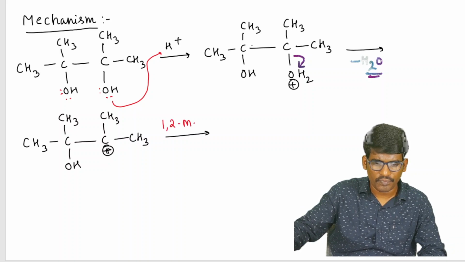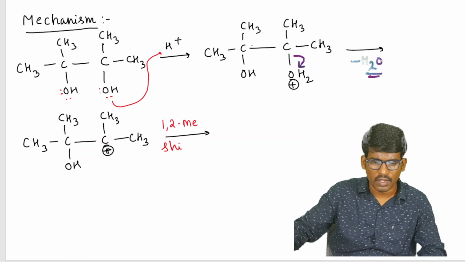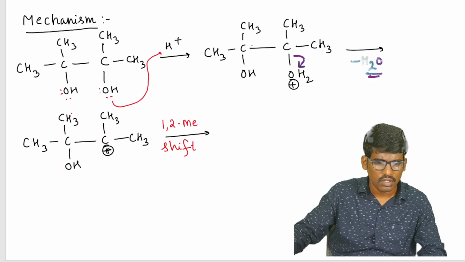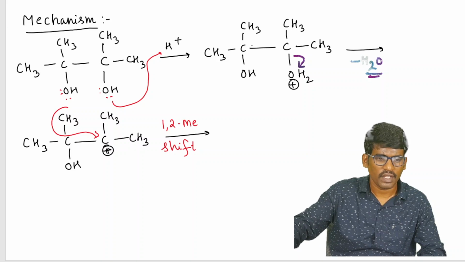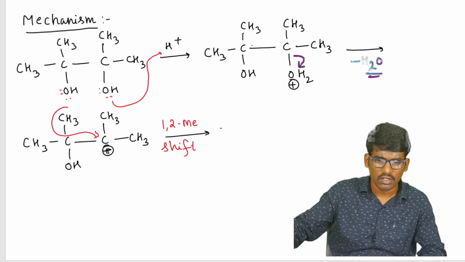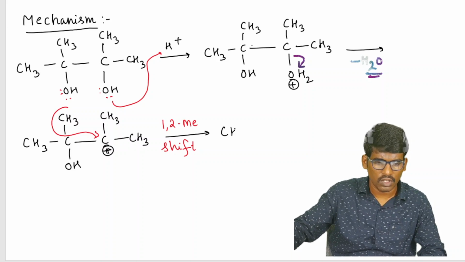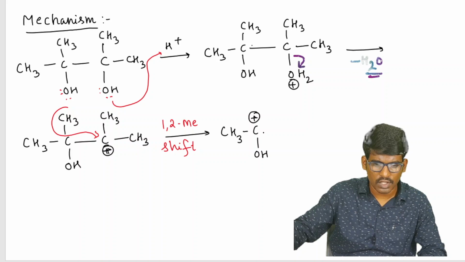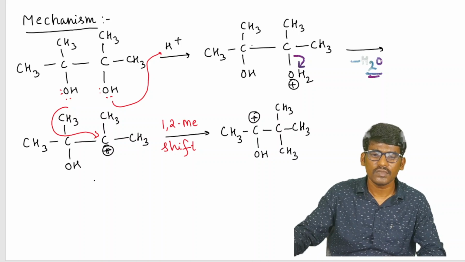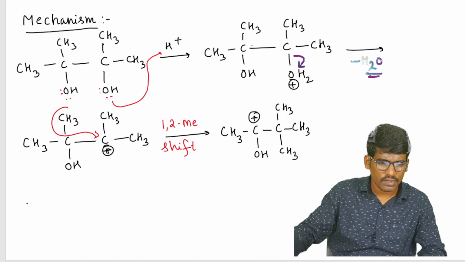This methyl group is going to shift over here. If it is shifted, what are we going to get? CH3, C, and here it acquires a positive charge, OH, and then C, CH3, CH3, and here CH3. Now we got a positive charge.